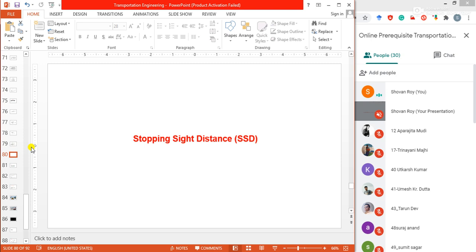But as per the definition, if the OSD is not there or is limited, at that time ISD can be provided. In our academic problems, ISD is calculated just for solving numerical problems, but in practice no practice is maintained for ISD.